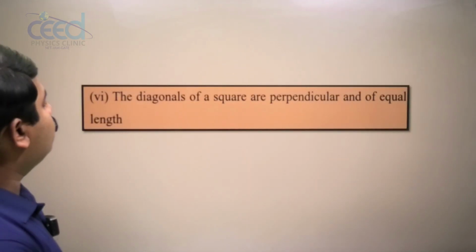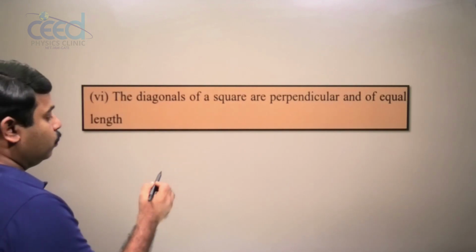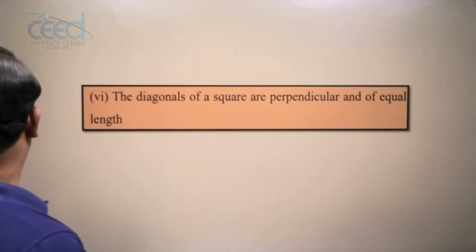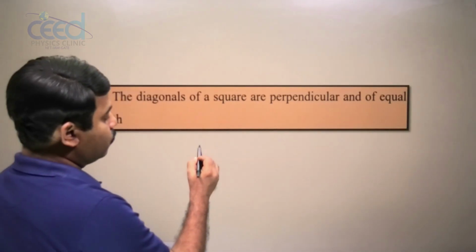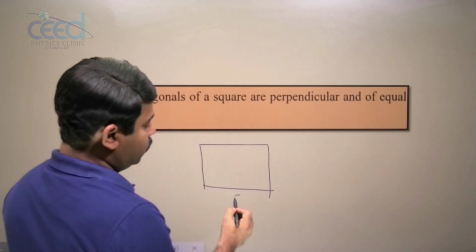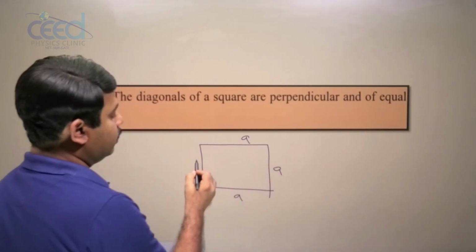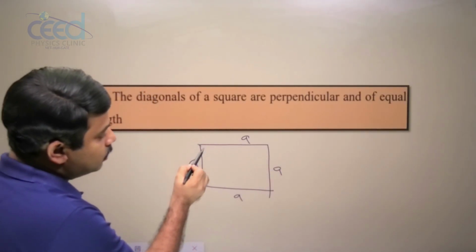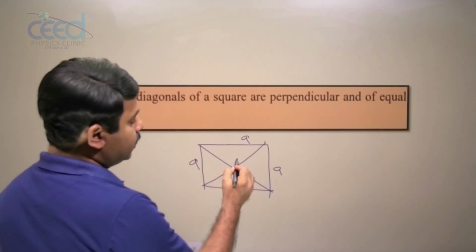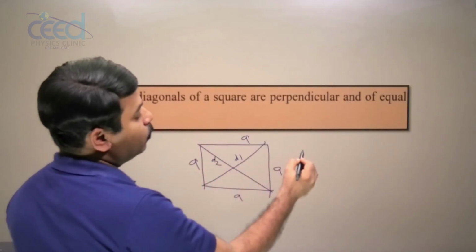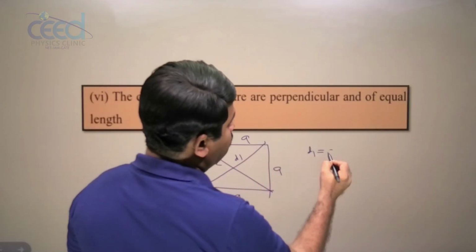And now, another property is, suppose you draw a square. So, let me take a pen. See, if you consider a square, all the sides are A, right. Now, these diagonals bisect each other. First of all, this is D1, this is D2, both the diagonals are equal.